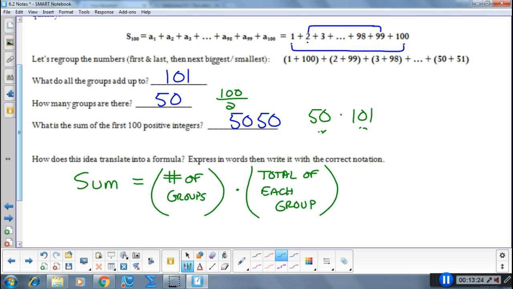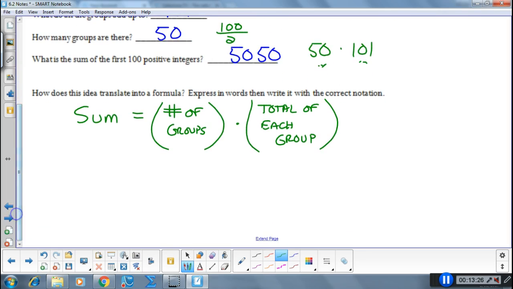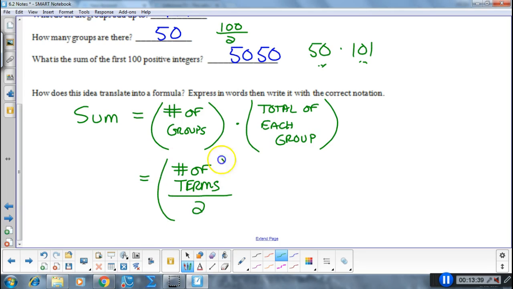So this would be the number of terms divided by 2, right?